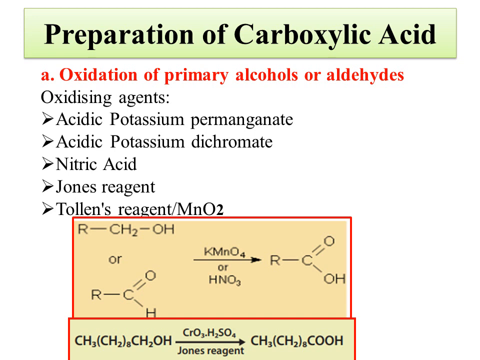Now let us see the preparation of carboxylic acid. Oxidation of primary alcohols or aldehydes. Primary alcohols as well as aldehydes can undergo oxidation reaction to form the corresponding carboxylic acid with the help of oxidizing agents such as acidic potassium permanganate, potassium dichromate, nitric acid, Jones reagent, Tollens reagent, and manganese dioxide.